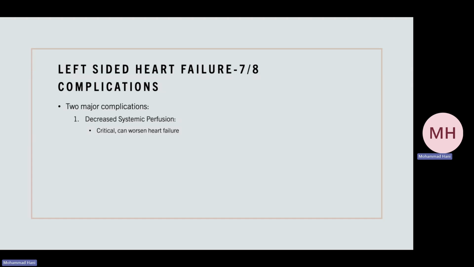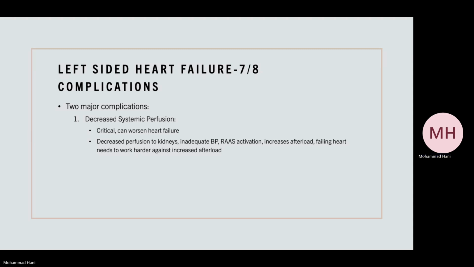Why? Because it can worsen your heart failure. When you have a failing ventricle, you obviously do not want to make it work harder, but the kidneys do. How they do that is when you have decreased perfusion to the kidneys, this inadequate blood pressure activates the renin-angiotensin-aldosterone system. The RAS system gets activated, and basically it causes constriction of the arterioles.